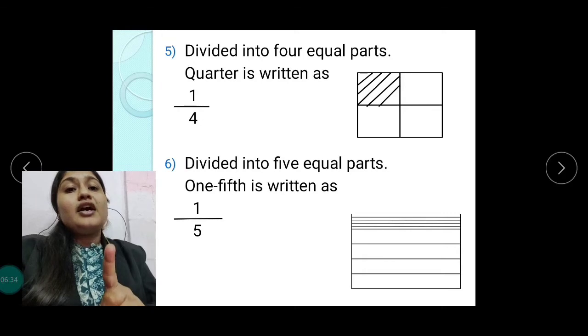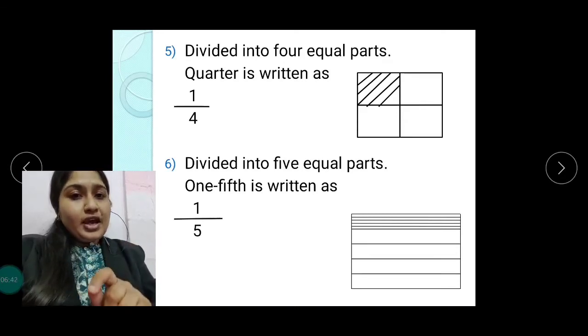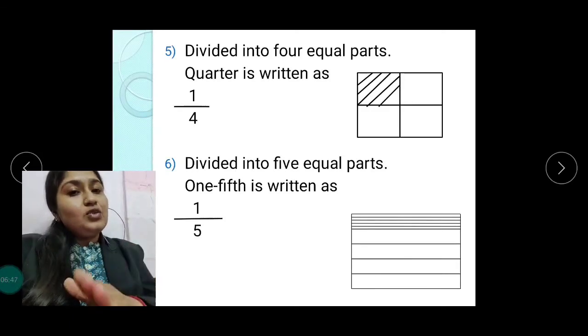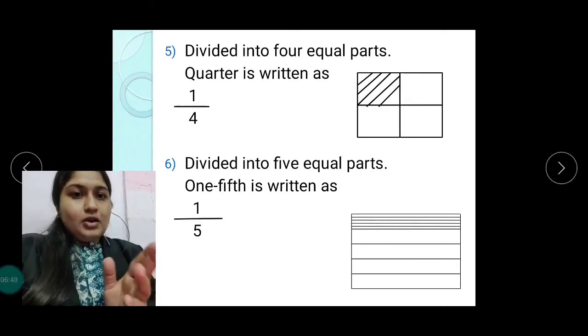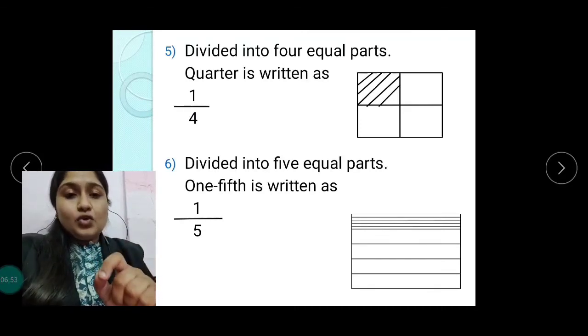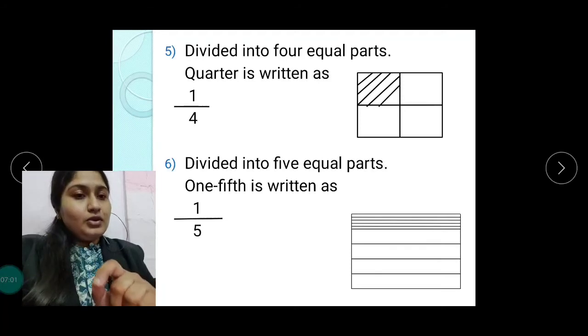Students, in the unit test or in the exam, shapes will be given to you and you have to write down the fraction, and in the second exercise you have to shade the fraction. But in our maths notebook, you have to do both the things. That means you have to draw the shape also and write the fraction also, right?